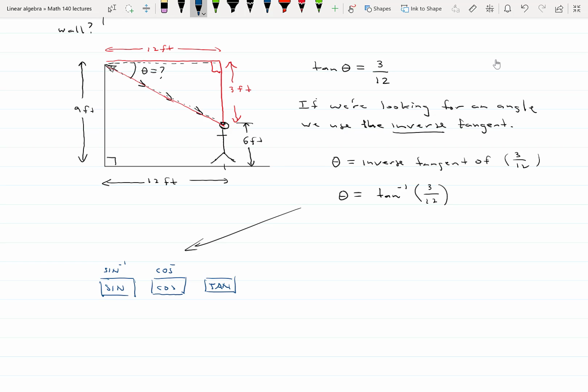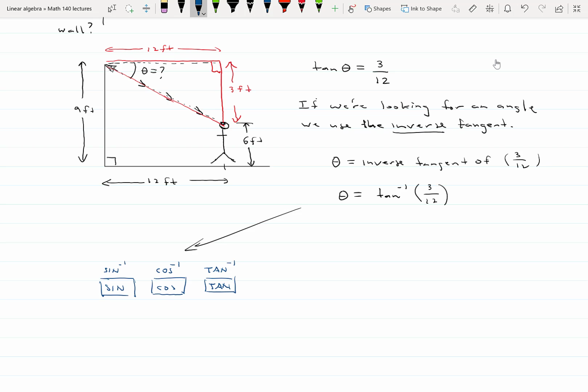Inverse cosine, not 1 over cosine or secant. And inverse tangent, not 1 over tangent. 1 over tangent would be cotangent. Okay, so these are inverse trig functions.